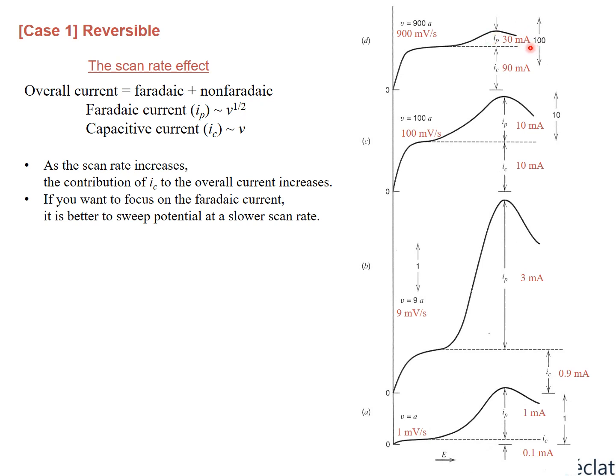So it means at such a very high scan rate, my Faraday current became smaller than the capacitive current. So the high scan rate experiment is not good for investigating the Faraday reactions. So again, if you want to focus on the Faraday current, it is better to sweep potential at a slower scan rate.